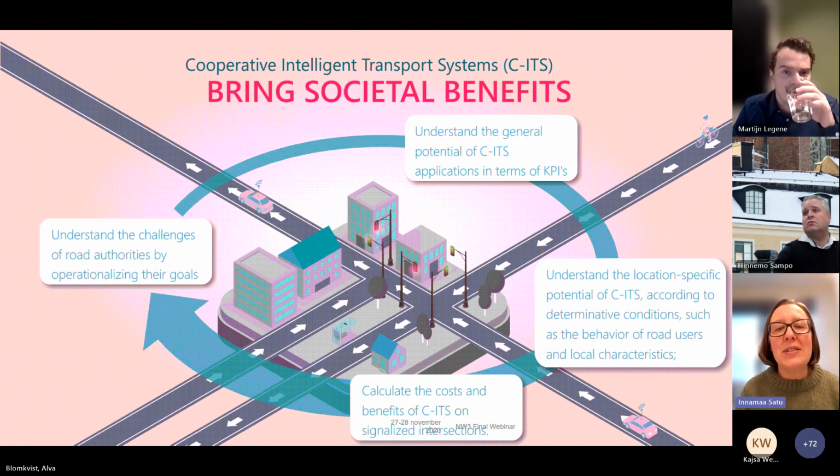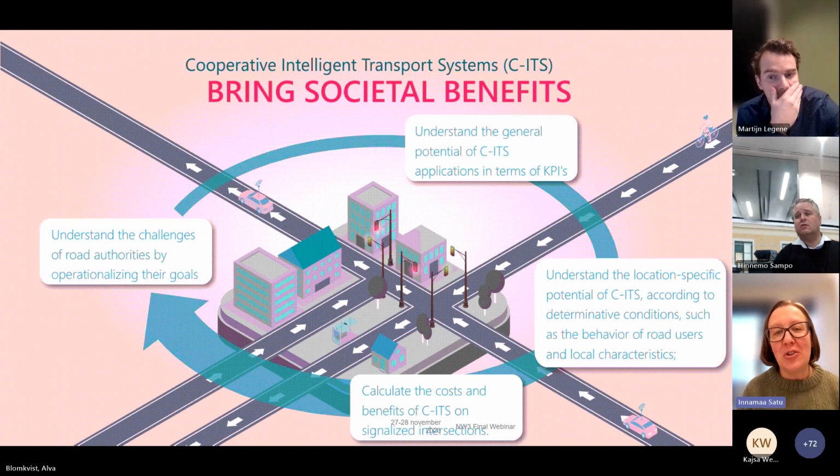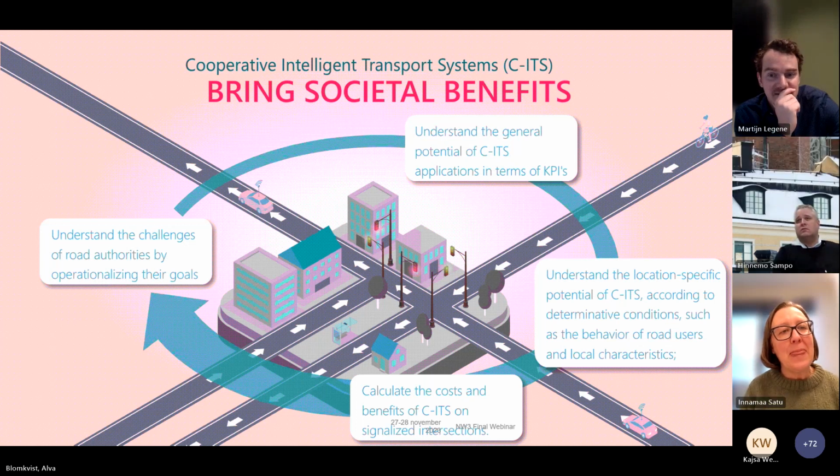And then one still question about your estimate of CITS penetration rate now and in the near future in Sweden and in other countries. So what's your view on the knowledge on these or estimate of the penetration rate here in the Nordics and elsewhere? I think we have to ask the OEMs. And since we don't know, it could be 40%, it could be 100%, it could be 0%.